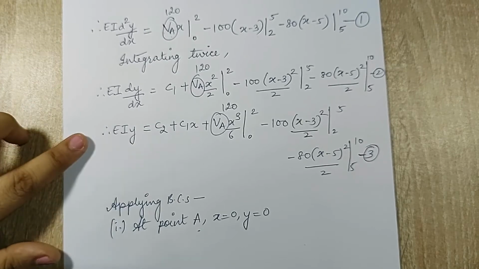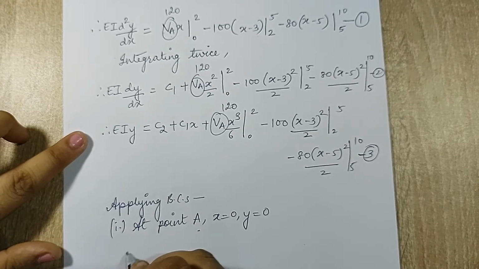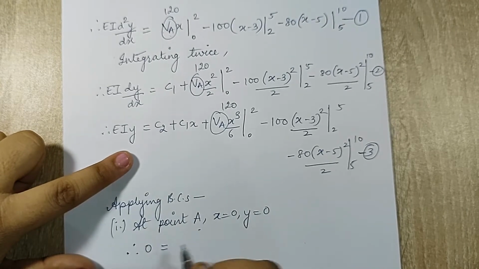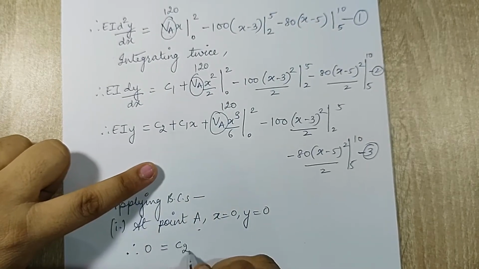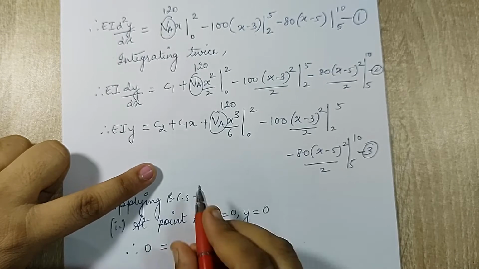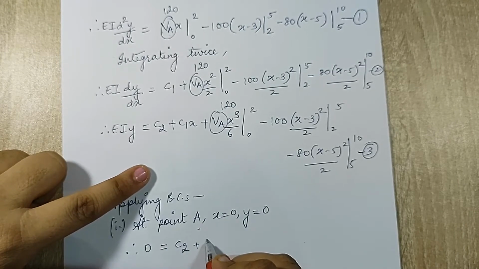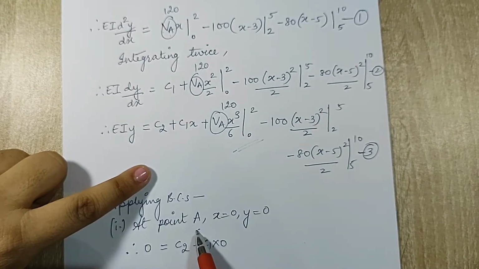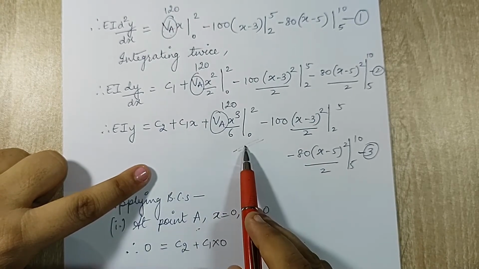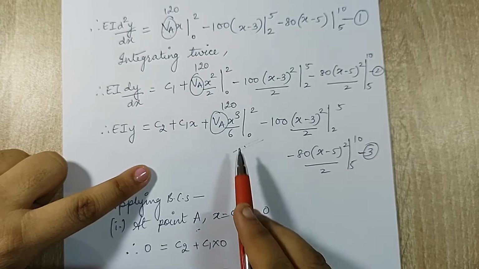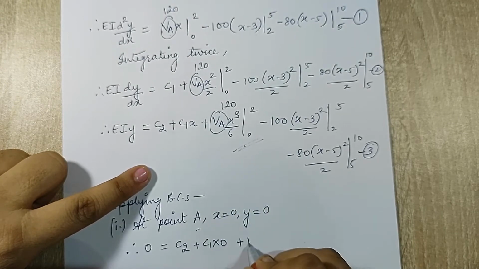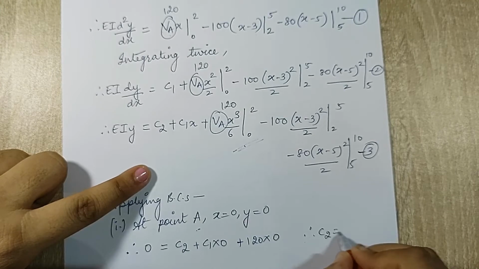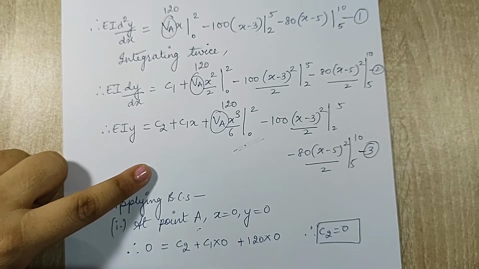So when I substitute in this equation, the left end gives 0 because EI into y is 0, equal to, on the right end, first term C2, next term x is 0, so C1 into 0. I am only going to write till here because I am talking about point A. Only till here I have the AC portion of the beam. So I write plus 120 into 0. From this I get C2 is equal to 0.